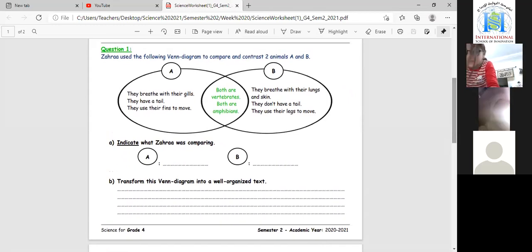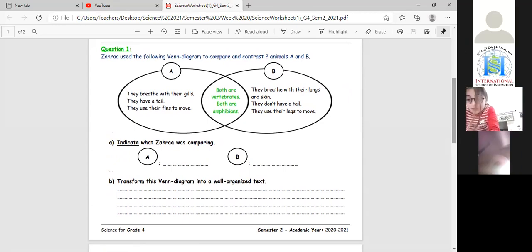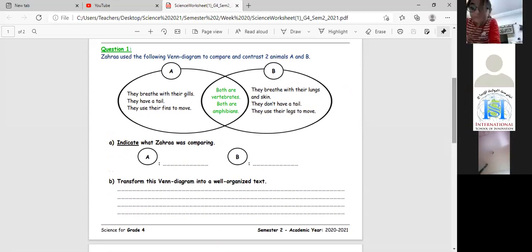Zahra used this Venn diagram to compare two animals, A and B. The first animal breathes with its gills, has a tail, and uses its fins to move.